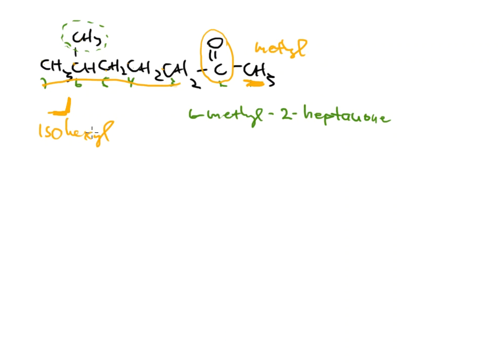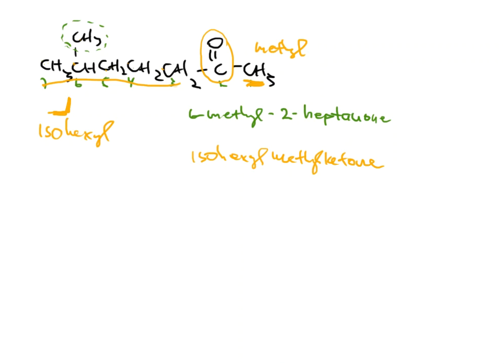The thing here is that isos don't really get counted. Some people do, some people don't. I don't really care what you do. I'm not taking off if you don't put them in alphabetical order, but typically we do. So I'm going to put isohexyl, then methyl, and then ketone. So isohexyl methyl ketone. There you go, folks. There's the common name for that ketone.